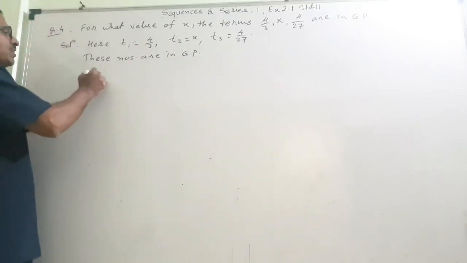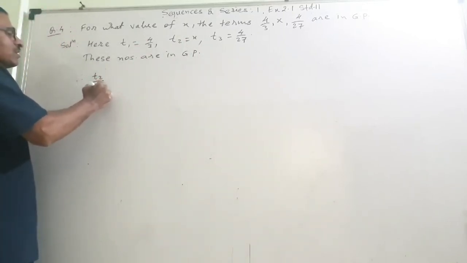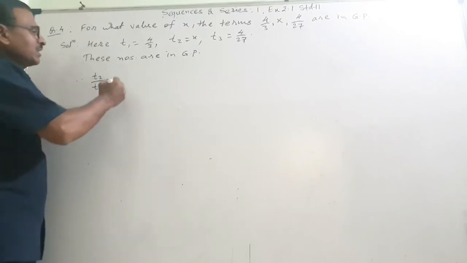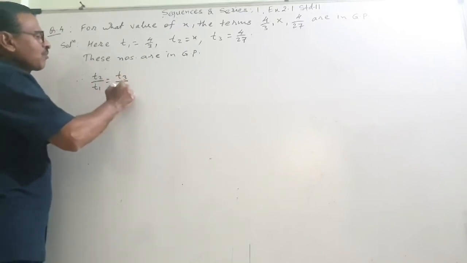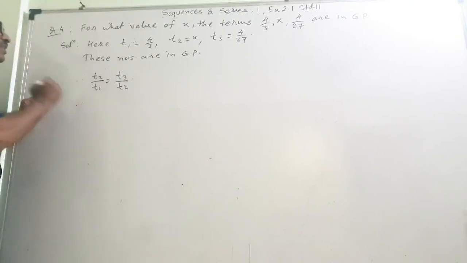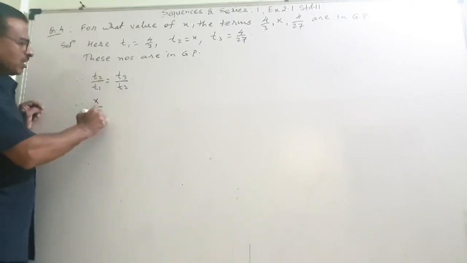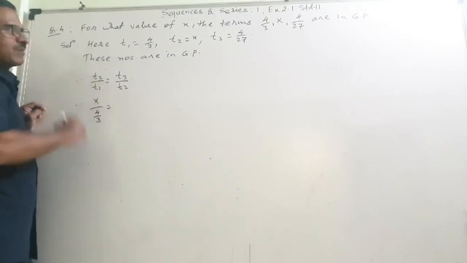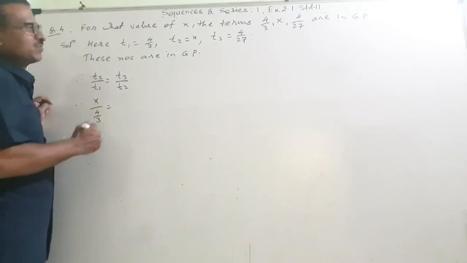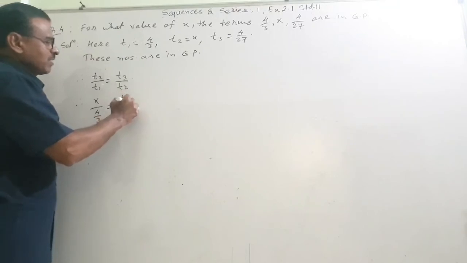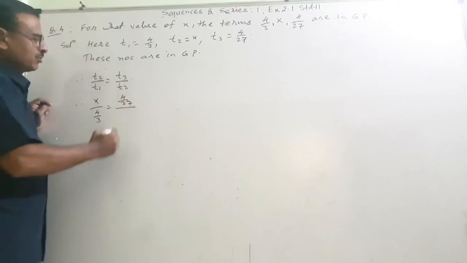Therefore, T2/T1 is equal to T3/T2. T2 is x upon T1, which is 4/3, is equal to T3, which is 4/27, upon T2, which is x.